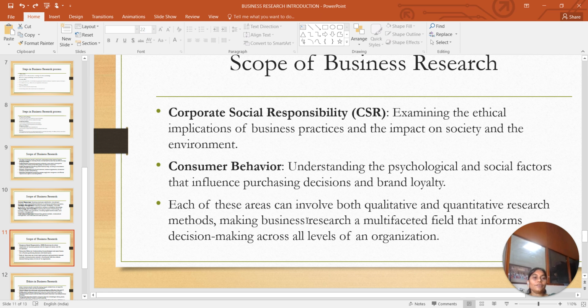In consumer behavior, understanding the psychological and social factors that influence purchasing decisions and brand loyalty. Each of these areas can involve both qualitative and quantitative research methods, making the business research a multifaceted field that informs the decision making across all levels of an organization.